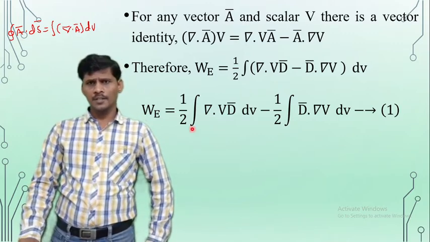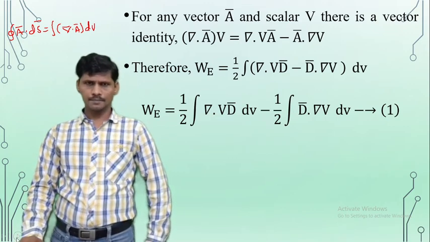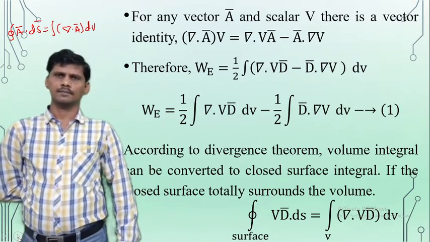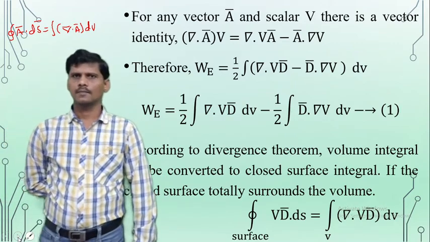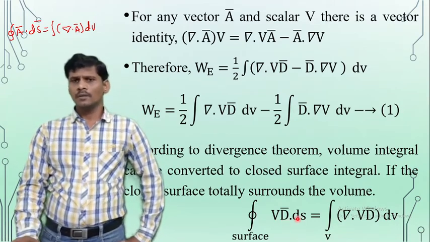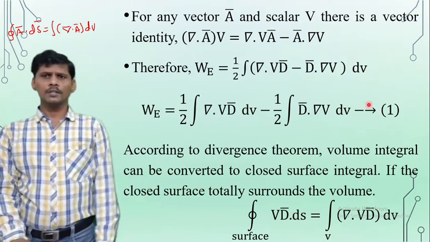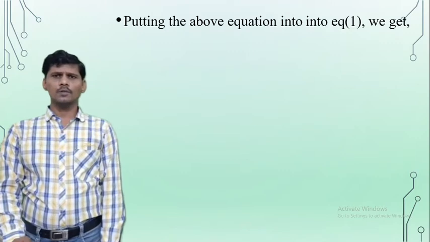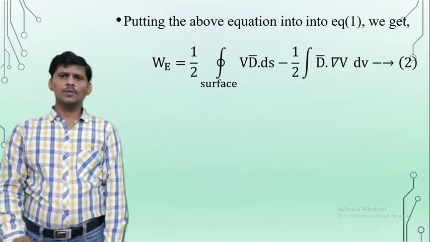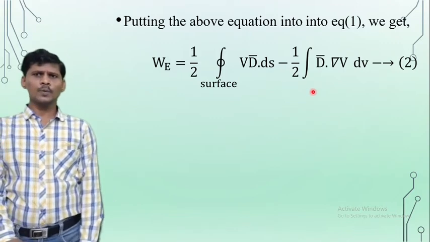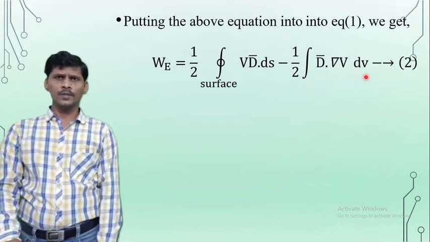Substituting this divergence theorem condition into equation 1, we get the energy stored W is equal to 1 by 2 into closed surface integral of VD bar dot ds bar minus 1 by 2 into open volume integral of D bar dot del V into dV.